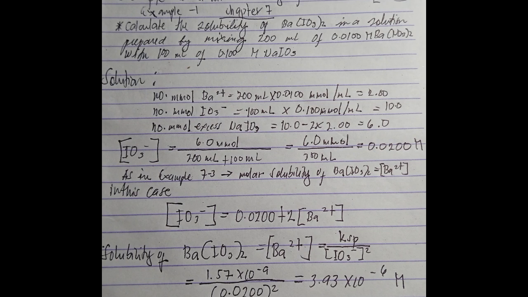So the result is 10.0. So in this case, we already know the information about the two, the Ba2+ and IO3-.